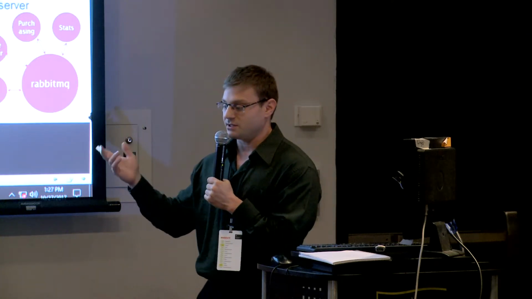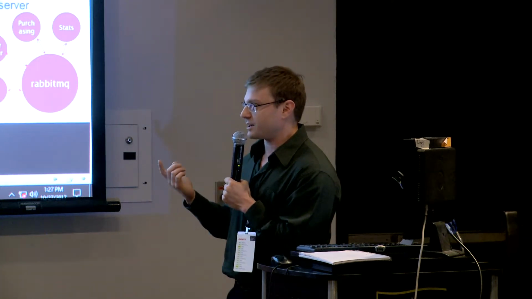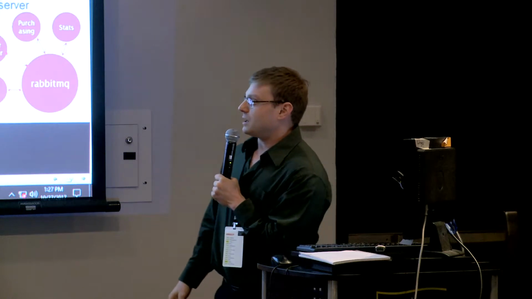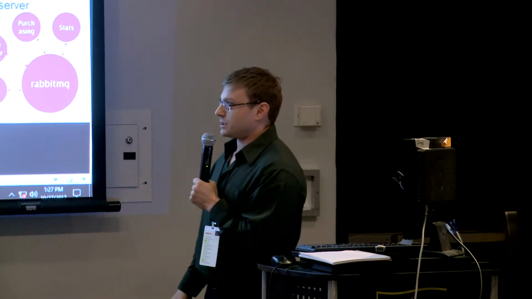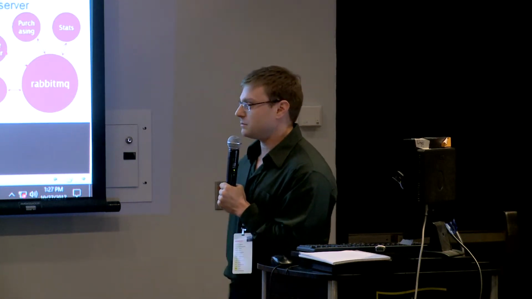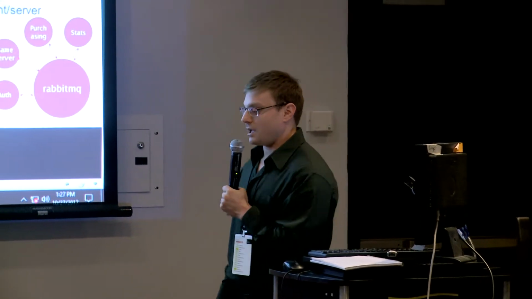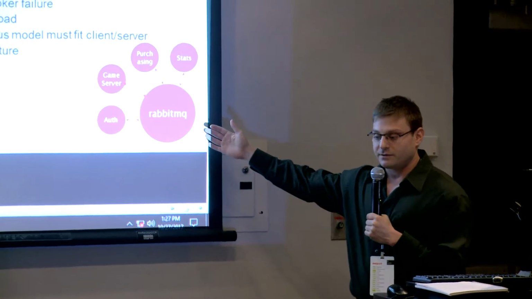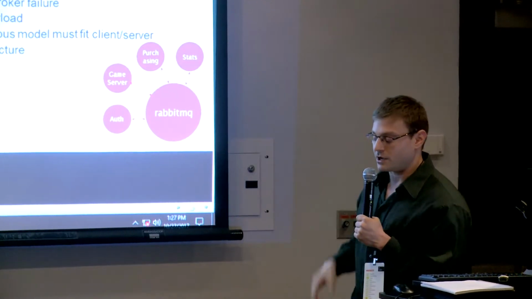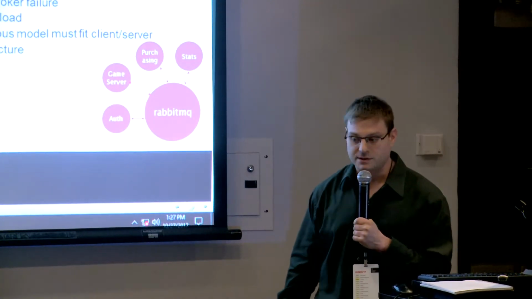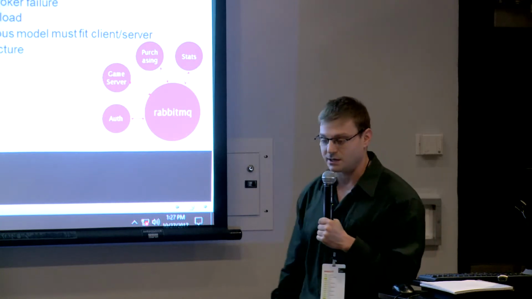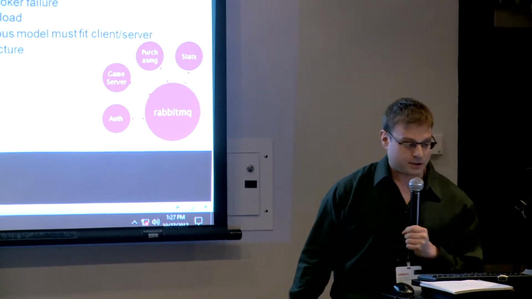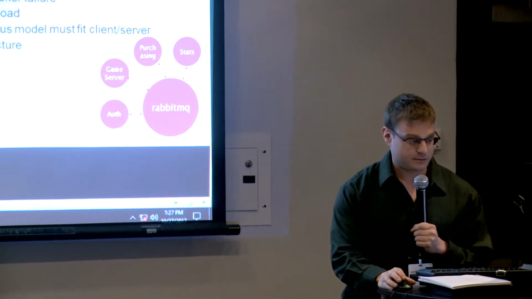And you can be sending stuff in a full duplex manner. Some of the downsides are that your architecture has to be able to handle an asynchronous model. And as in this diagram here, you have centralization. You have a queuing server as a centralized service that you depend on. So you have to make sure that your queuing server is fault tolerant.